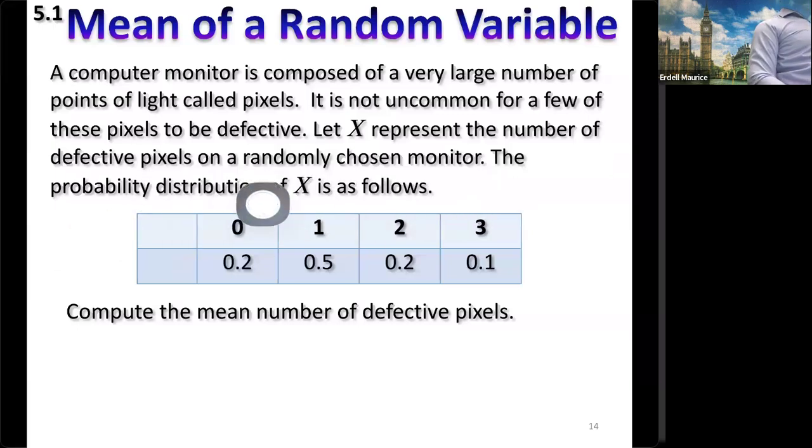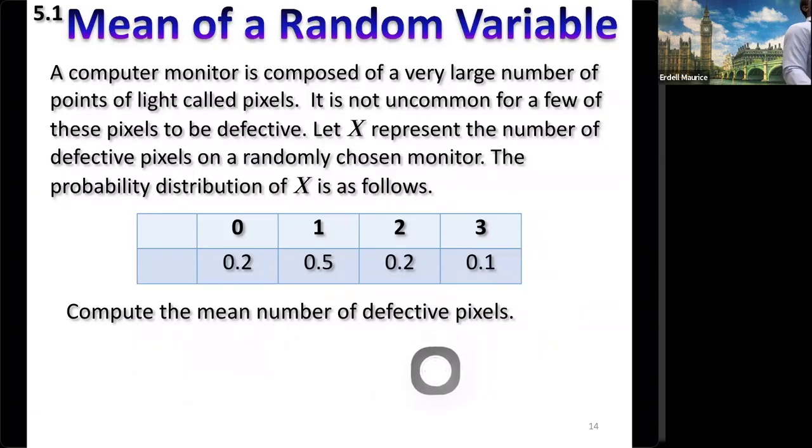The probability distribution for X is 0 pixels, 20%; 1 pixel, 0.5 or 50%; 2 pixels, 0.2; and 3 pixels, 10% or 0.1.